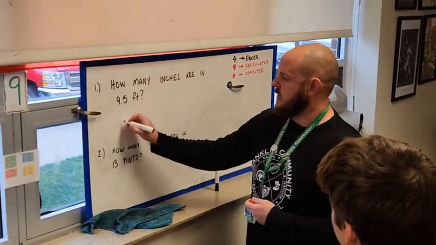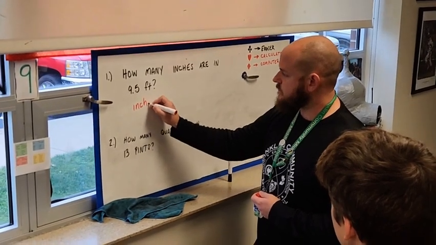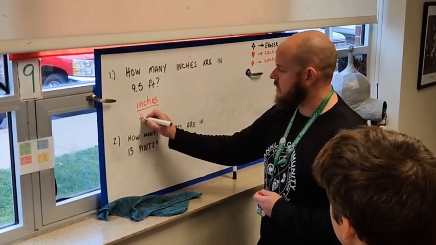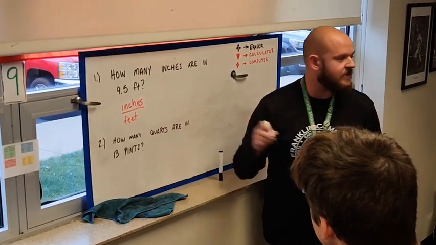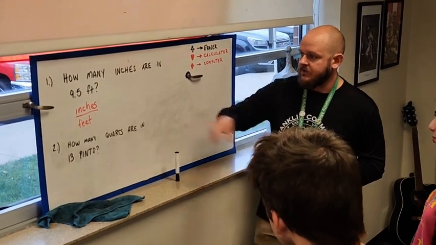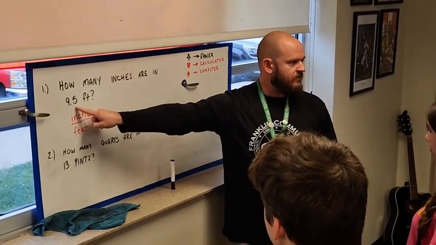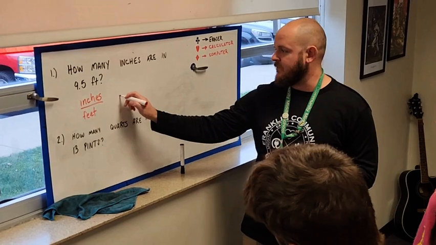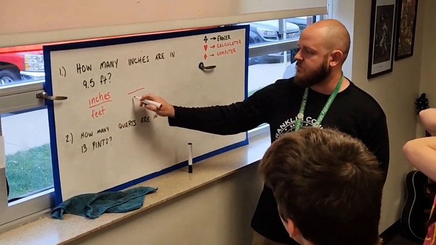So if we're going to say that we're going to put inches over feet, then both of our fractions in this proportion need to be oriented the same way. Now in this case, we have the number of feet, it's 9.5. So our first fraction is going to have the 9.5 on the bottom with feet.